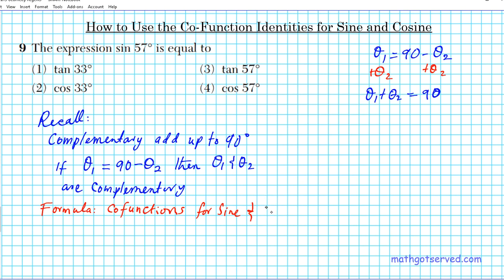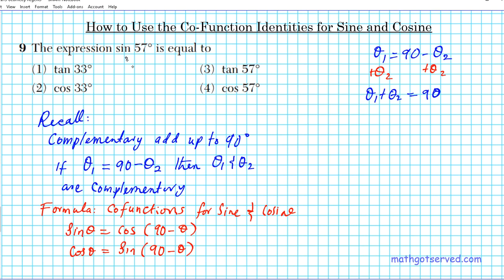That will help you a lot. Sine and cosine. Alright, so for sine, we have sine theta is equal to cosine of the complement of theta. The complement of theta is simply 90 minus theta. That's what it means to be complements, okay? And then cosine theta is going to be sine of the complement of that angle, which is 90 minus theta.